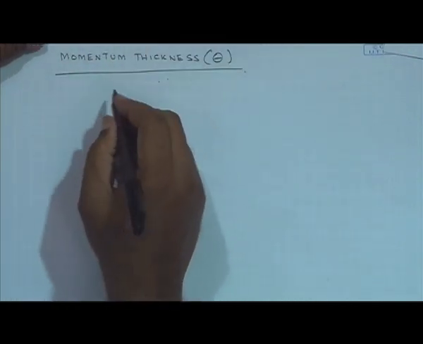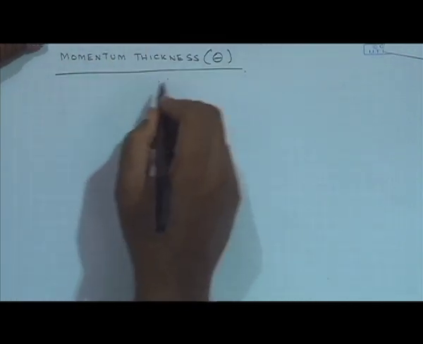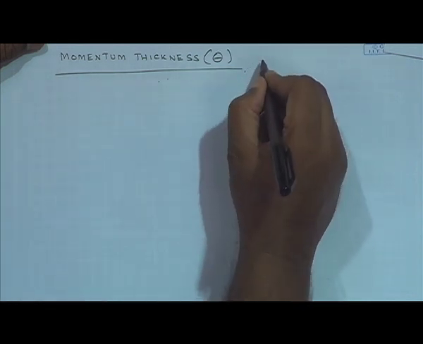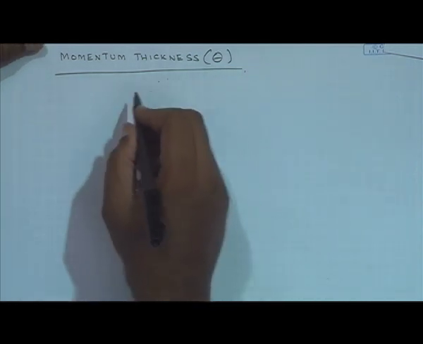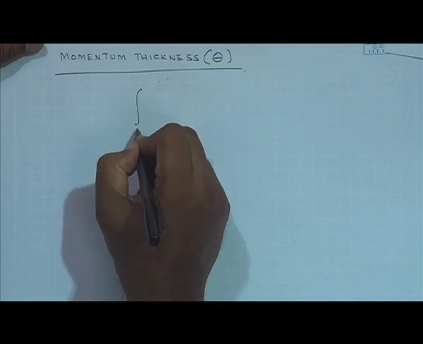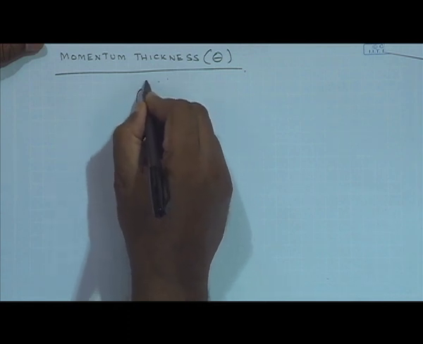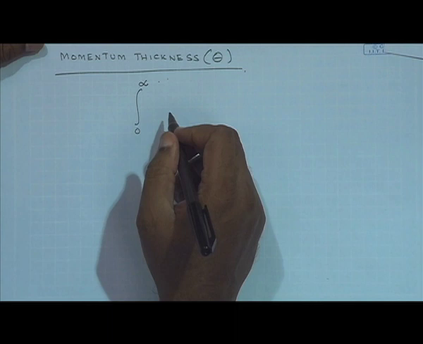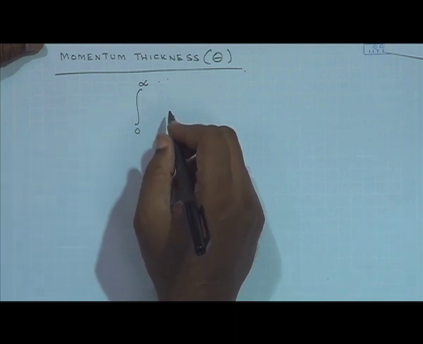The momentum thickness is also an integral thickness. And what we do is, we are first going to find out what is the actual flow that is taking place inside the boundary layer.